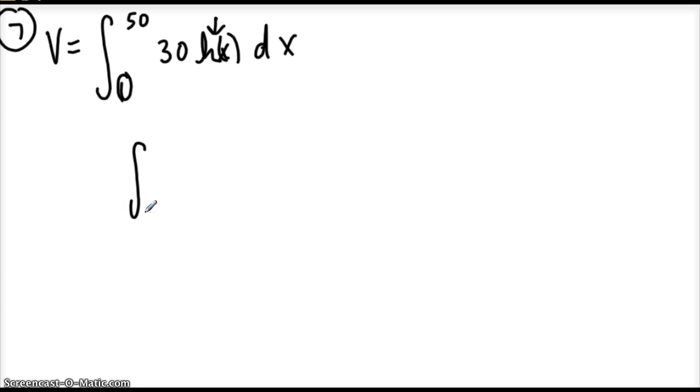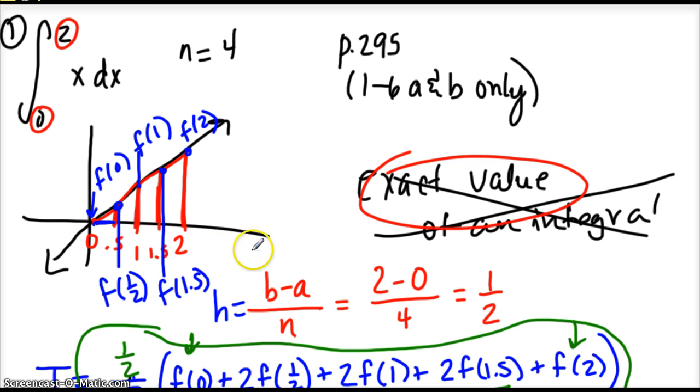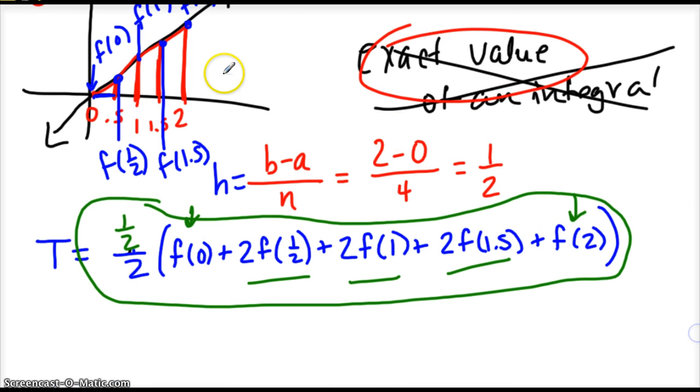You're just going to do 0 to 50, and you're going to do h of x, but you're going to multiply everything by 30. Because think about it, on this one, I actually found the approximation of that. So if I can find the approximation of that, and then I know that that's 30 feet wide, I can find the area and then multiply it by 30.